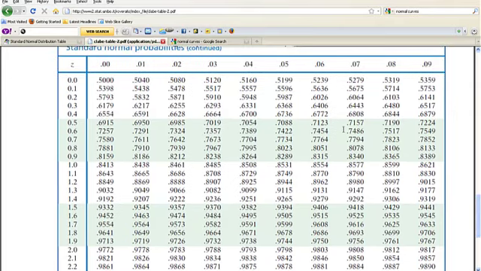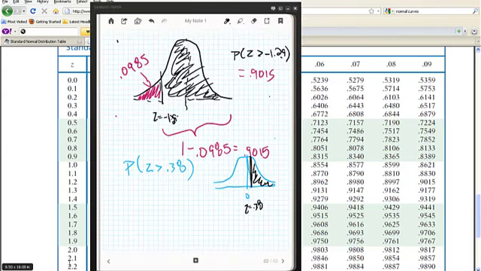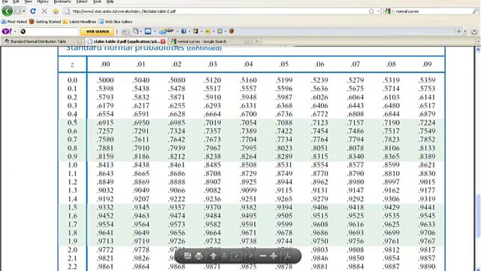So all we've got to do is go to z equals what did I say? 0.38, didn't I? Let me double check so I don't do anything silly. Yep, 0.38. So 0.3, I stumble over here to 0.08, so together they make 0.38. I think that's it right there.